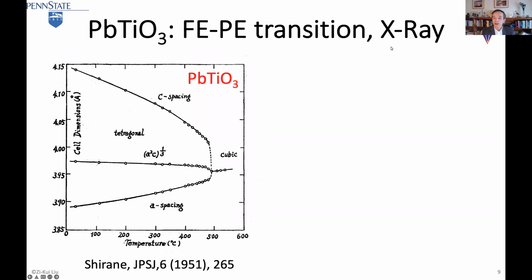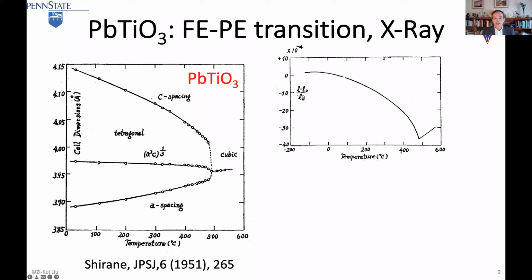But again, we have to realize the X-ray measurement is for the average of the system. From these measurements, we can calculate the volume. The volume decreases as a function of temperature. That's the negative thermal expansion I talked about in the Invar alloy.